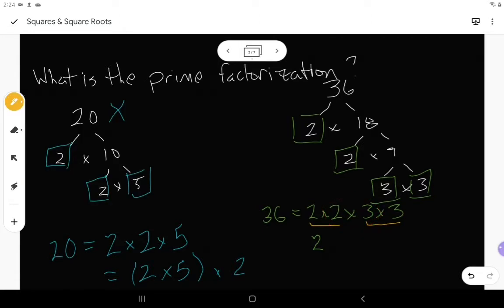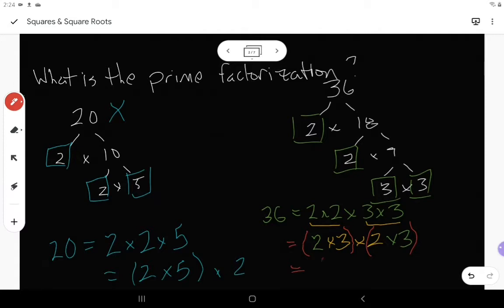I'm just going to move them around so that it becomes 2 times 3 times 2 times 3. I just wrote it in a different way. And if you like, you could think about it in brackets, where I have one group of brackets, which is 2 times 3, and another group of brackets, which is 2 times 3. And if you think about those two groups, they are exactly the same. They both have a 2, they both have a 3.